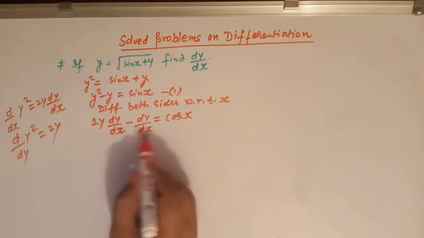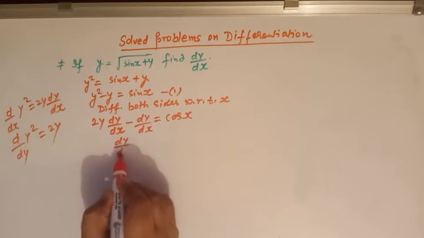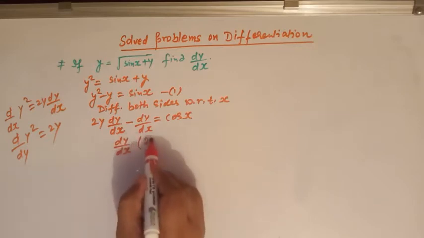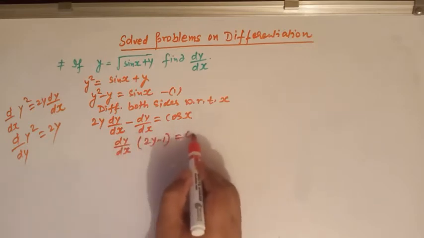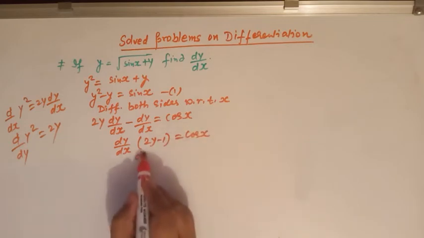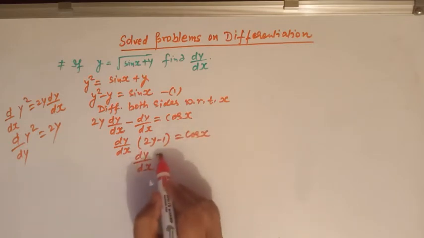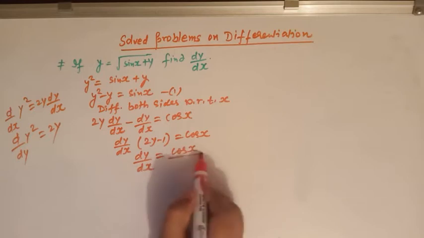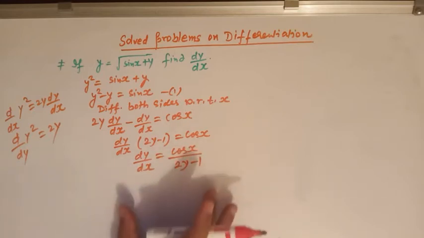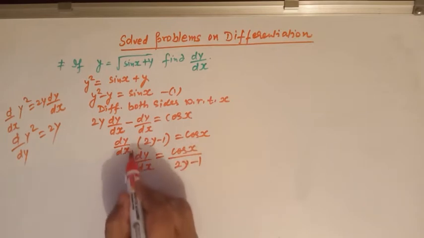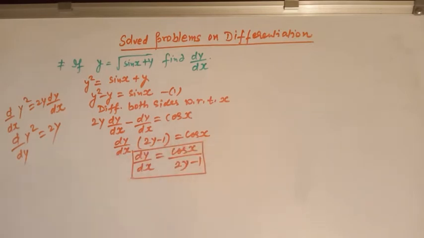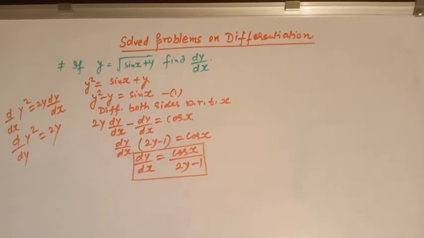Clear? So taking dy over dx common, we have 2y minus 1 is equal to cos x. So dy over dx is equal to cos x over 2y minus 1. So this is the required value of the derivative of y with respect to x. Clear?